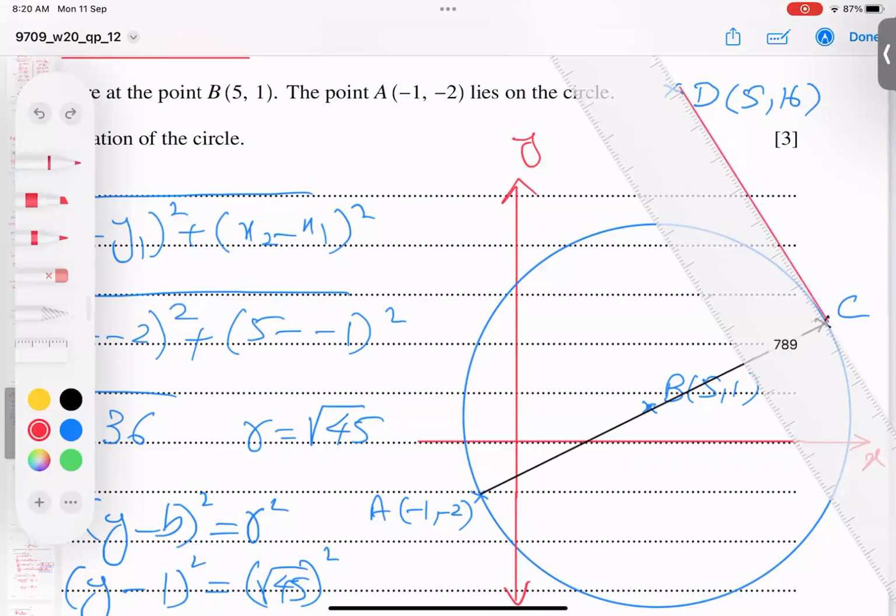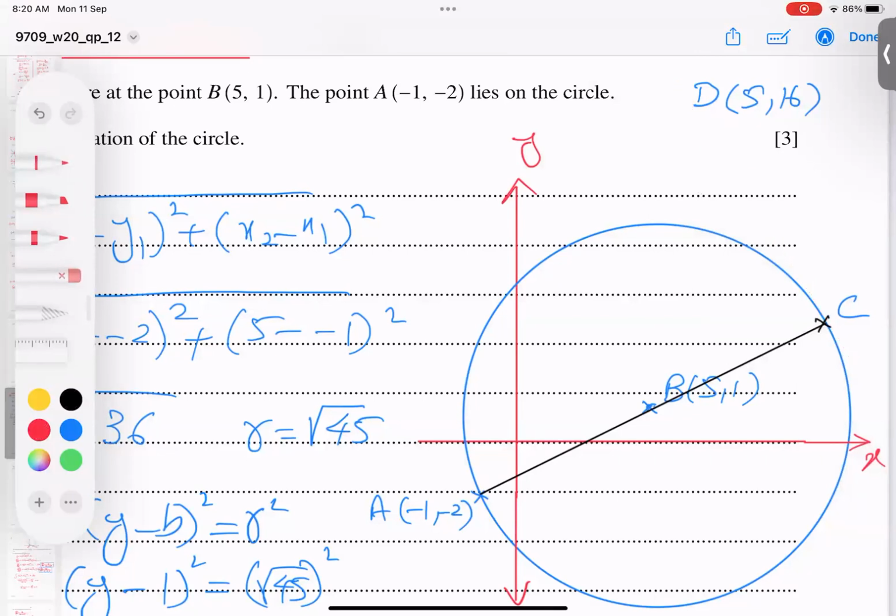This is the tangent to the circle, and this point is D. How can we convince the examiner? I think I have to make it again. Wait a minute, please. This line is not that good. It should touch and make a 90 degree angle. Okay, now it's better, and I make the line like this.